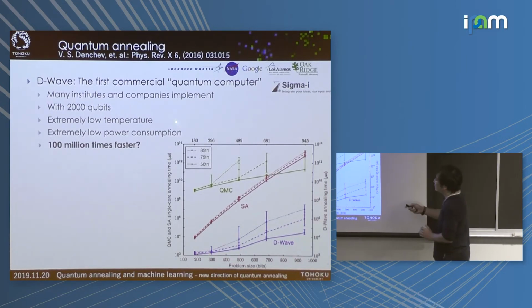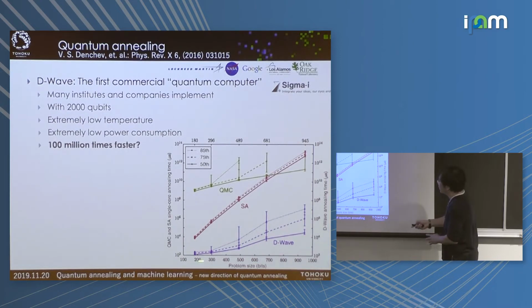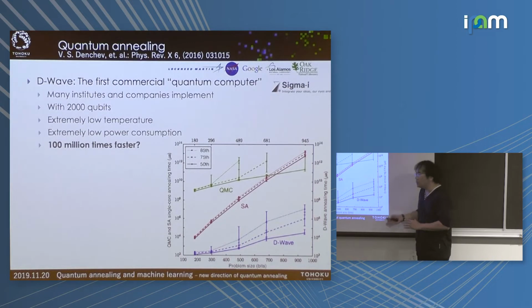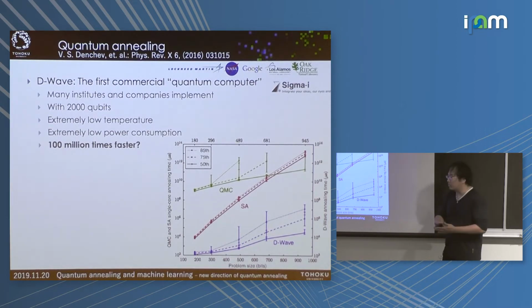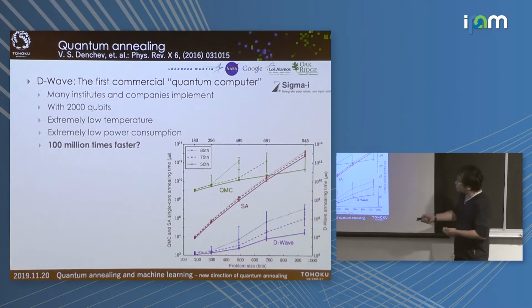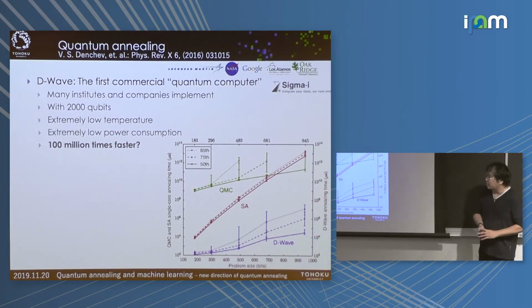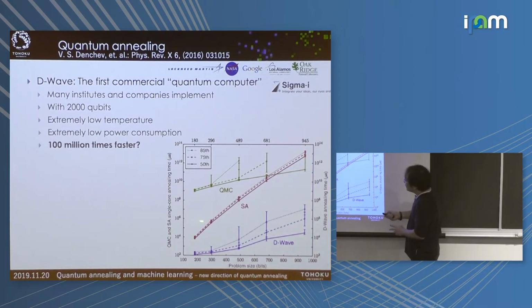The vertical axis denotes the time for finding the ground state, and the horizontal axis denotes the size of the problems, the number of the spin variables. So increasing the number of the spin variables, it will take a longer time for solving the optimization problem. The red curve denotes simulated annealing for solving the optimization problem.